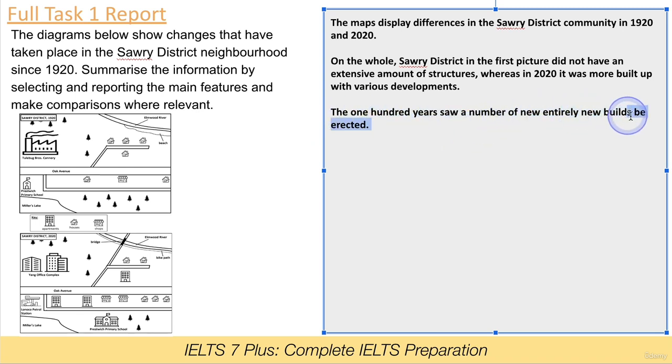I think the tense is off here. Maybe we could say within 100 years, a number of entirely new builds were erected.